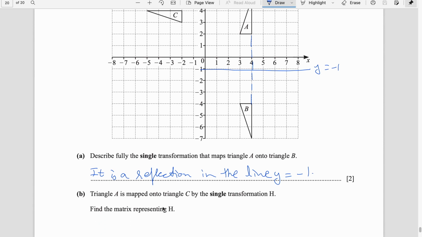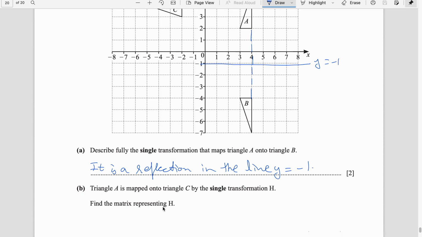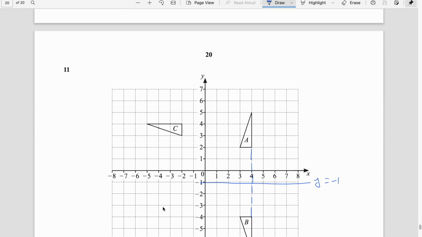Second part, triangle A is mapped onto triangle C by a single transformation H. Find the matrix representing H. Now first look at this. A to C is a rotation, and I can see A to C is anti-clockwise rotation. Third thing which we can see is it is a 90-degree anti-clockwise rotation, which is about the origin, as we can see by sketching this as well.